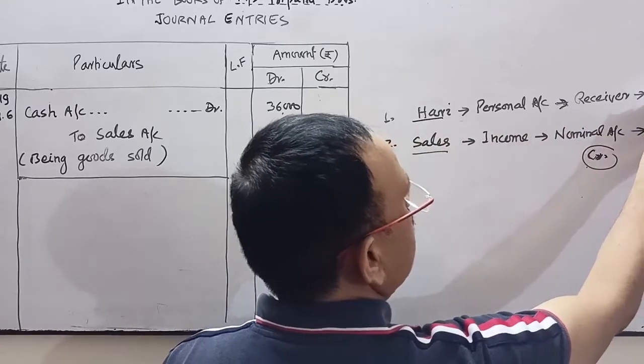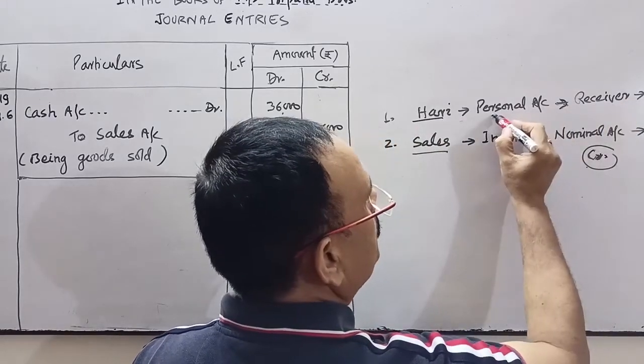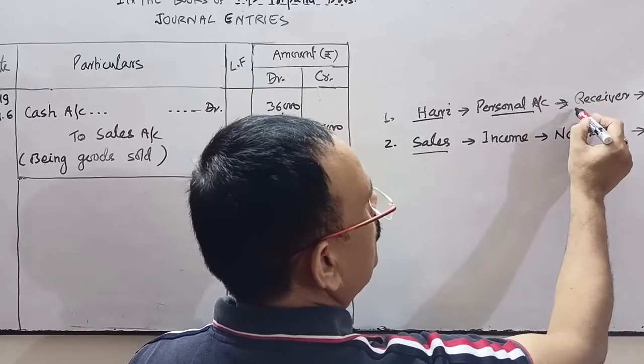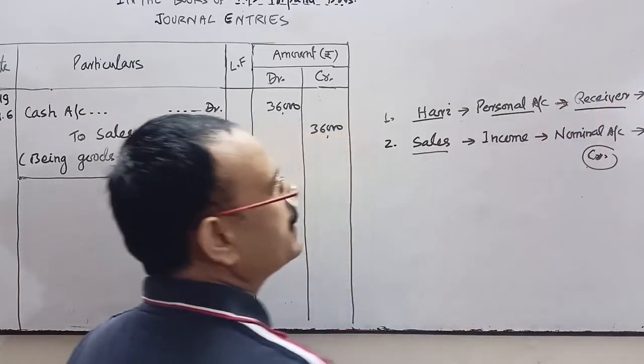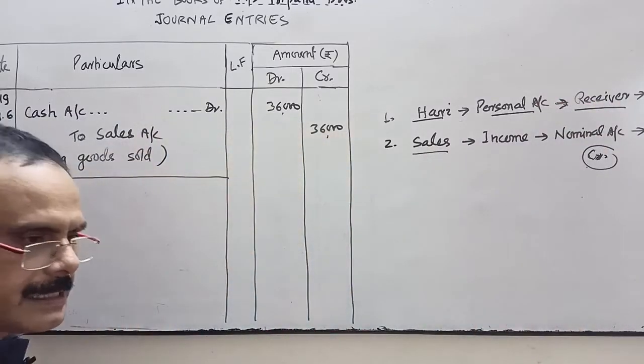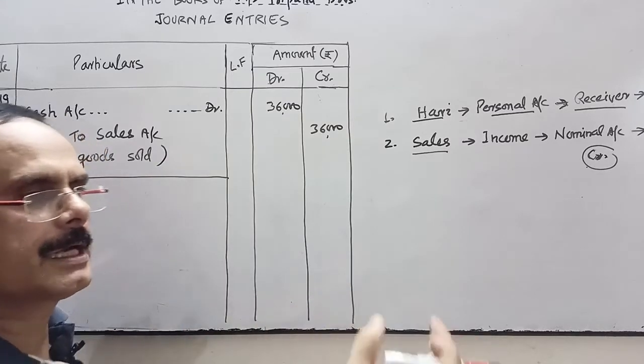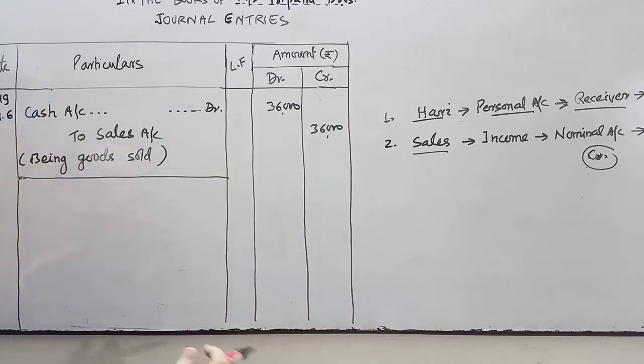Why is Hari's account debited? Because Hari comes under personal account, and as per the rules of personal account, Hari is the receiver. Hari is receiving the goods. That's why his account will be debited. So the next entry will be January. The date given is January 8. Sold goods to Hari.